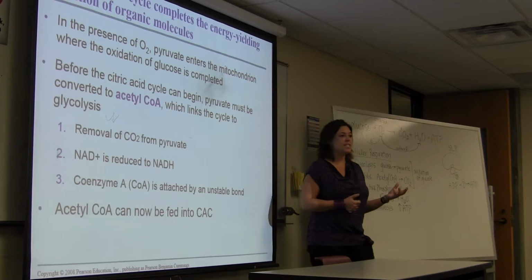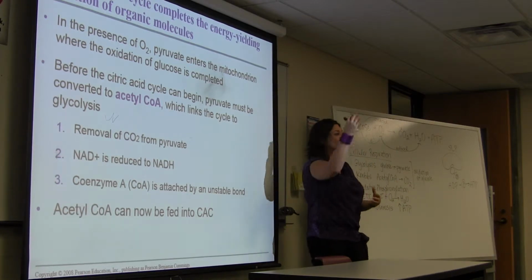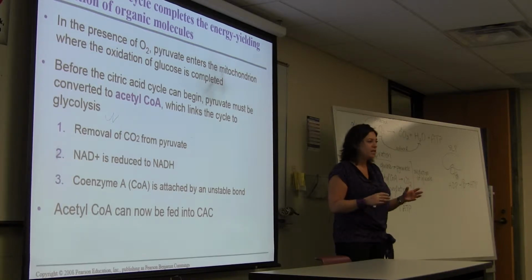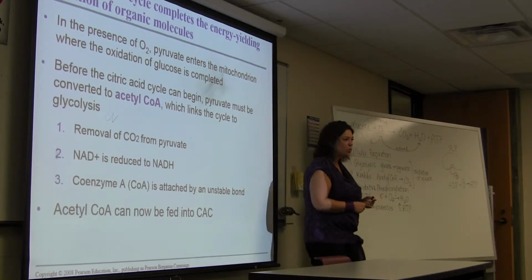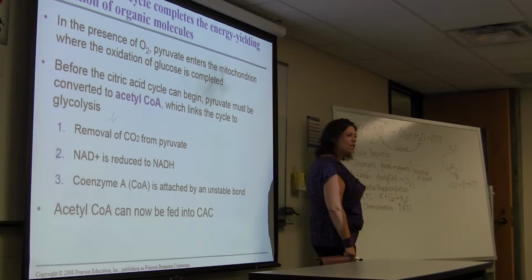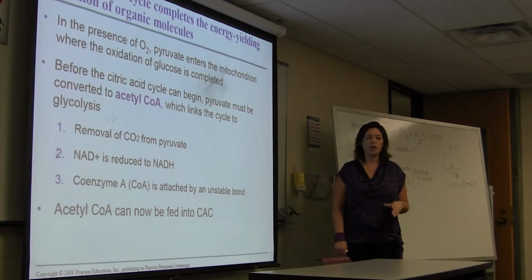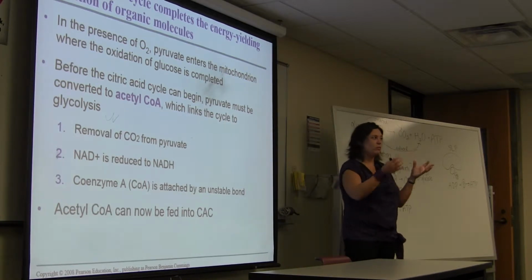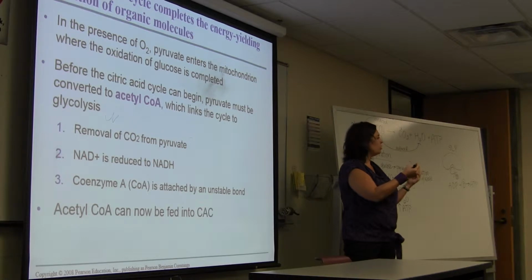Because pyruvate itself is not capable of directly entering the Krebs cycle. And so we have to modify it. And so there's kind of this transitional period in between glycolysis and the Krebs cycle. And so what's going to happen, you're going to start with this pyruvate molecule. And again, pyruvate was originated from glucose.